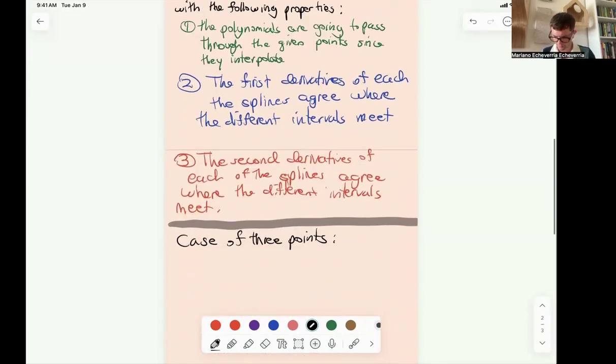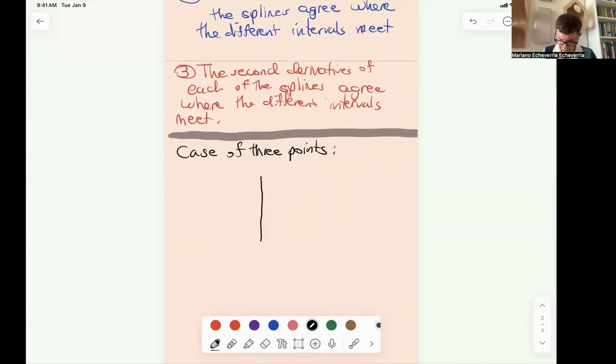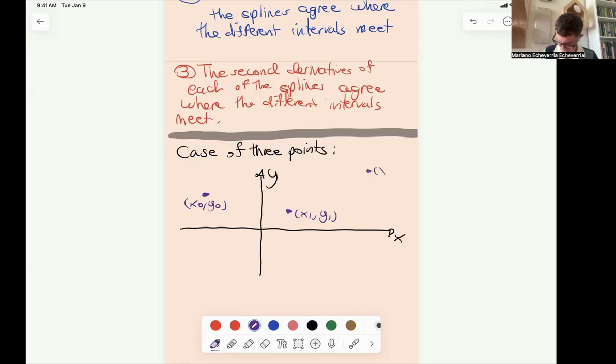So let me draw the 3 points here. In this case, there are only two intervals, right?